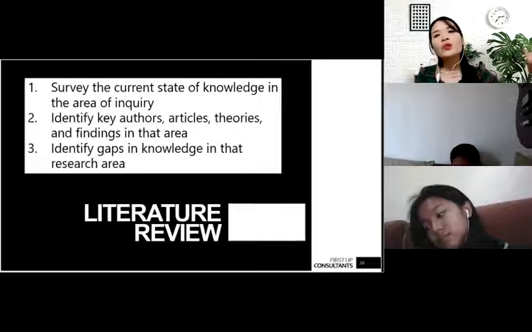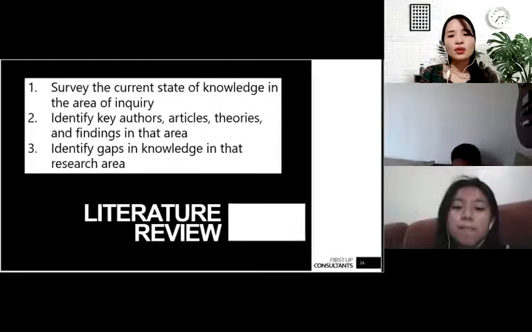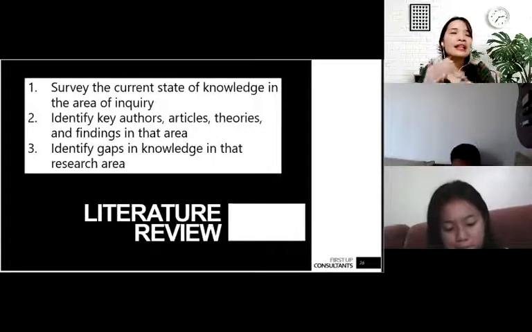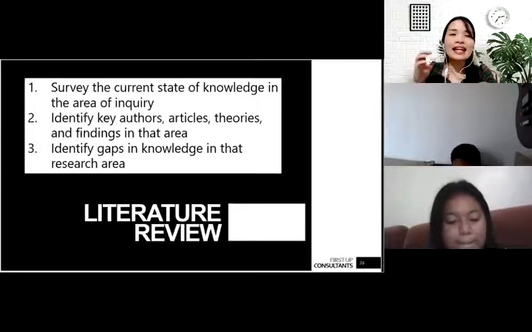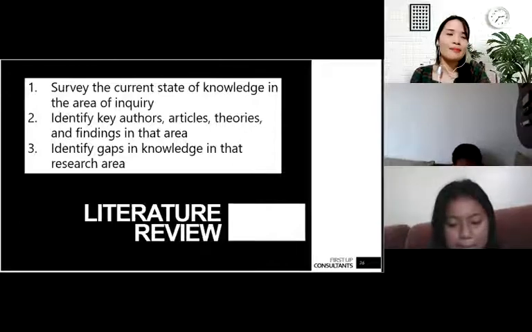The reason why you are doing a research is because you are solving current problems of the world. Okay? Or not in the world, but nationally, locally, it could also be fine. Pag sinabi natin gaps, ibig sabihin, yun yung specific area na hindi pa nila nasusolusyonan. Hindi pa nila nalalaman kung ano yung solusyon para doon. Okay ba?